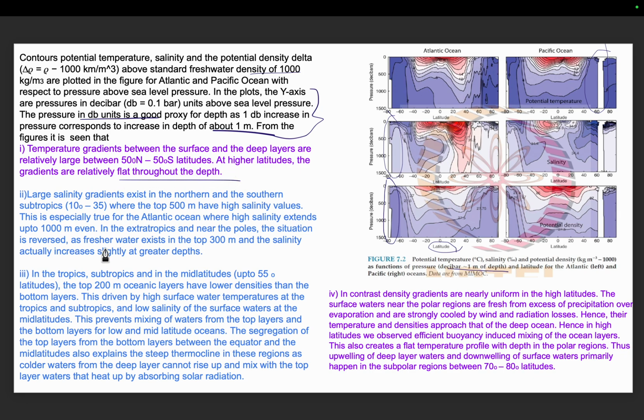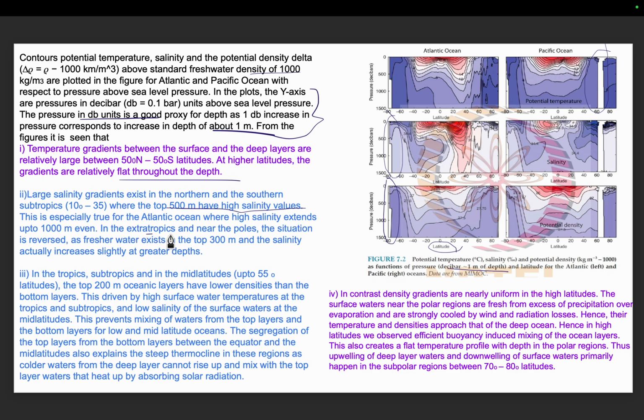A large salinity gradient exists in the northern and the southern subtropics, that is within 10 to 35 degrees, where the top 500 meters have high salinity values. This is especially true for the Atlantic Ocean, where the high salinity extends up to even 1000 meters.